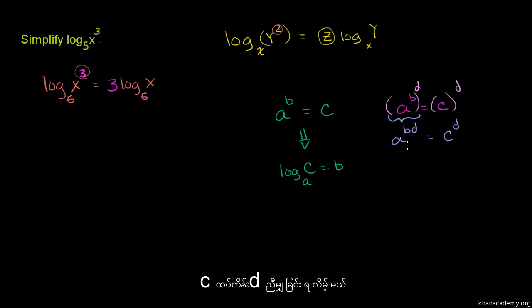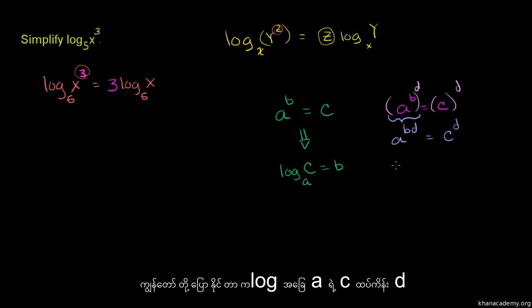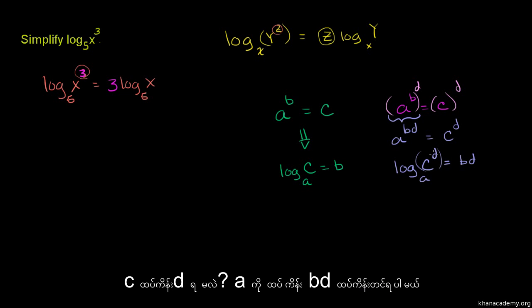And now this exponential equation, if we were to write it as a logarithmic equation, we would say log base a of c to the dth power is equal to bd. What power do I have to raise a to get to c to the dth power? To get to this, I have to raise it to the bd power.